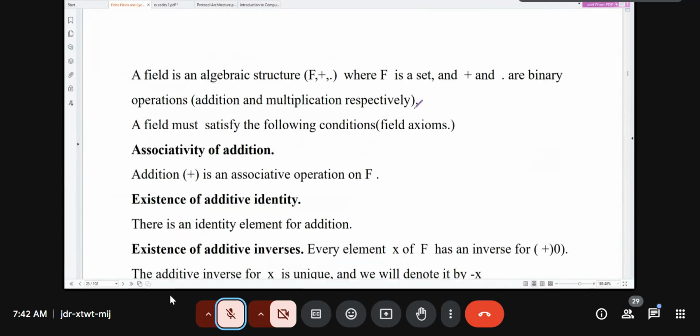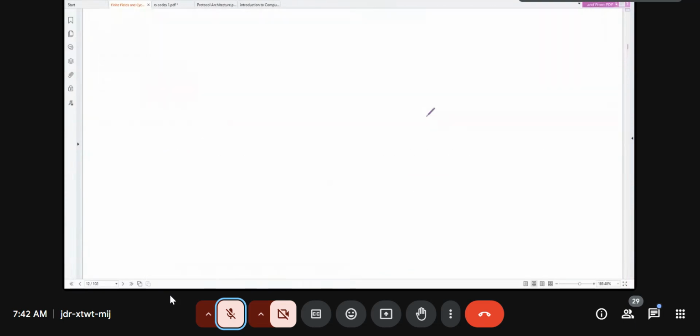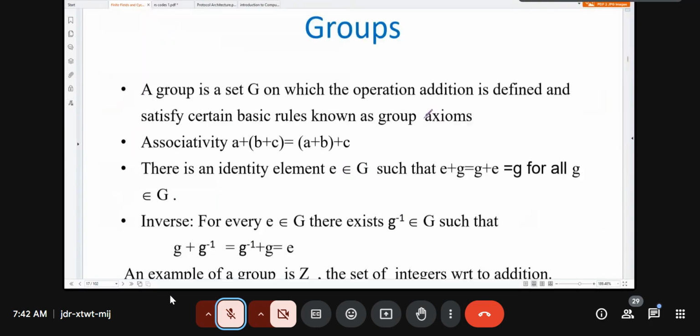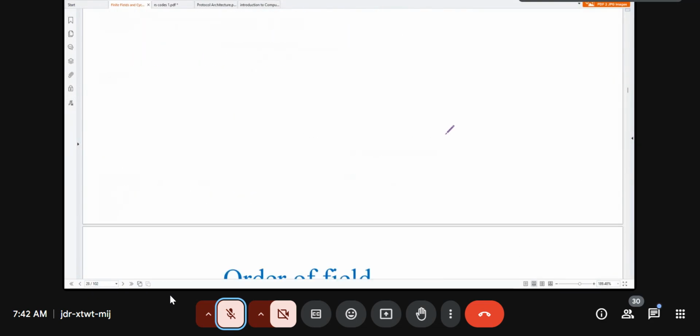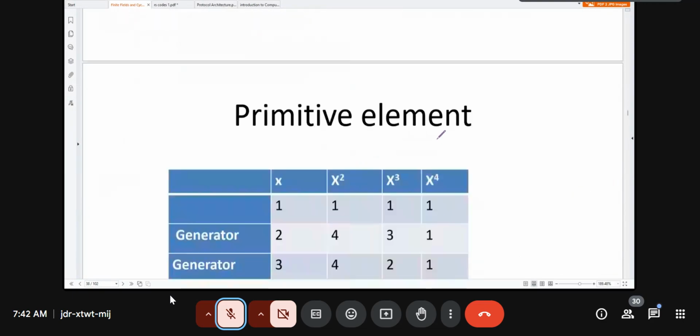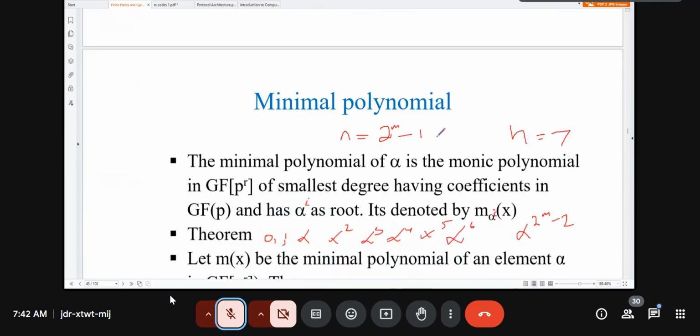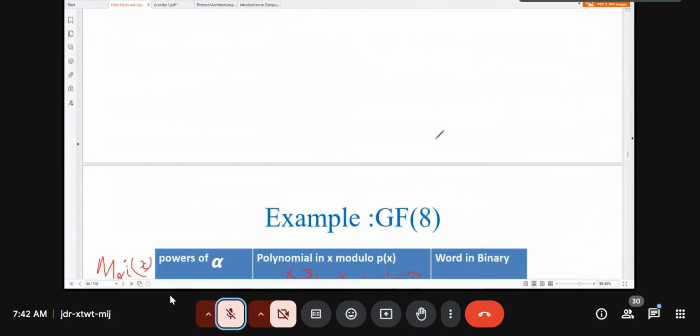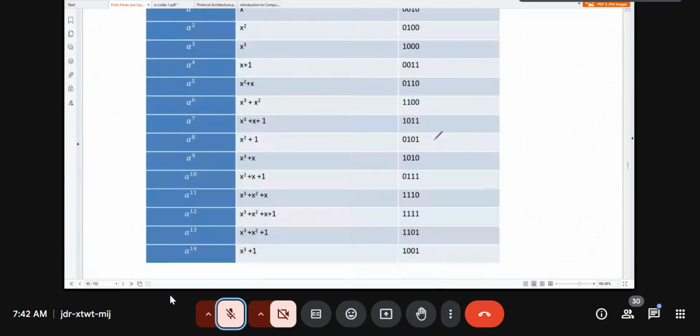I think I should have done it on the same page with this because it's related to this. I hope I don't lose you in the process as I'm moving up and down.